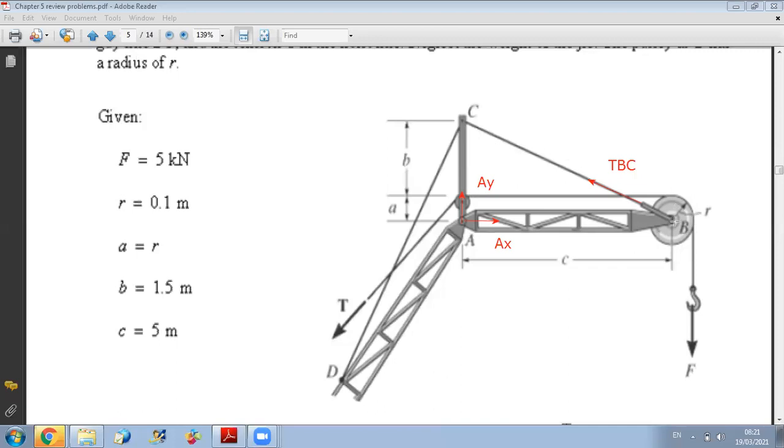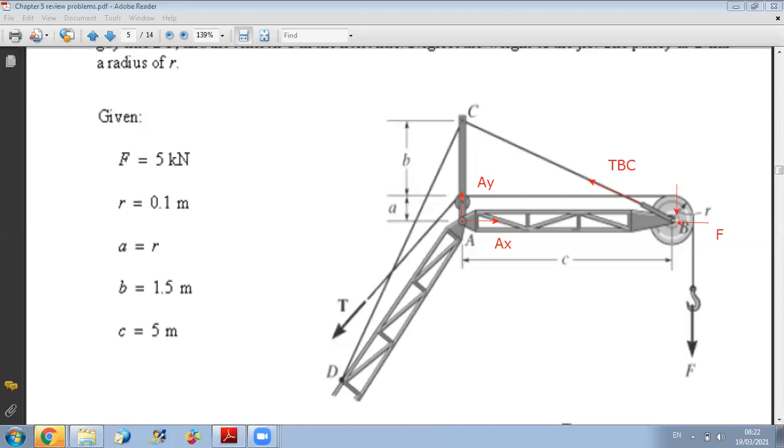We found that Bx on the pulley was to the right, equal to F, so by action reaction the action on jib AB will be towards the left, equal to F. Also By is upward on the pulley, equal to F, so here I should have By downward.